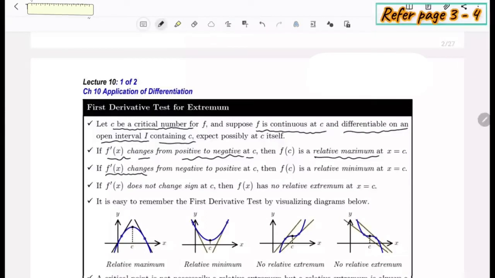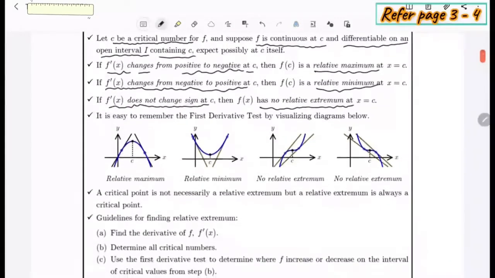If f prime x changes from negative to positive, it's a relative minimum. If f prime x does not change sign, it has no relative extremum. You can refer to the graph here. This is maximum, this is minimum. Here no relative extremum because it doesn't change sign.